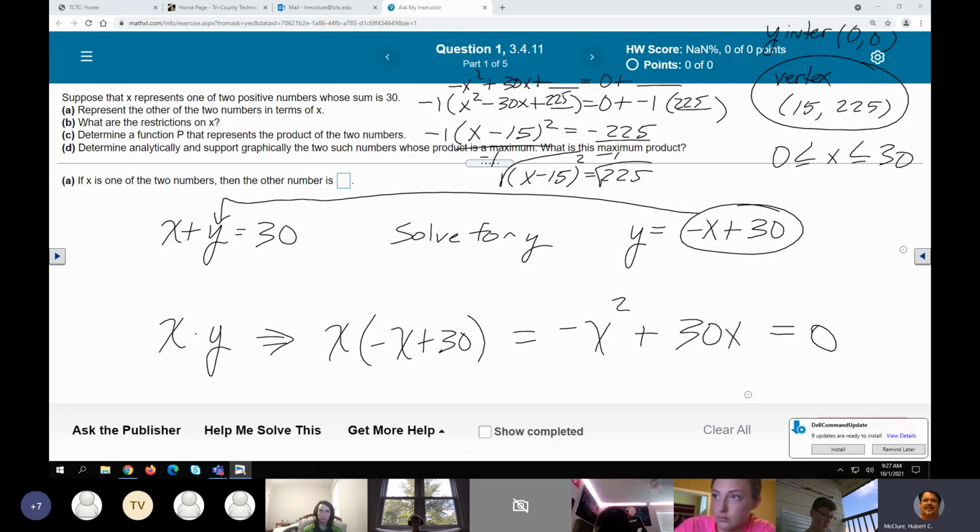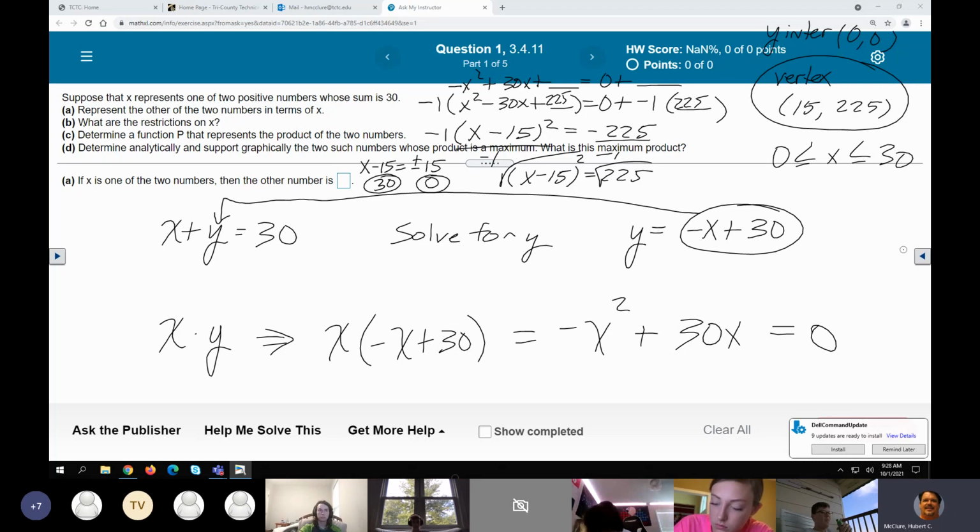And x minus 15 is equal to positive or negative 15. 15 plus 15 is 30, so that's one x-intercept. And then negative 15 plus 15 is 0.